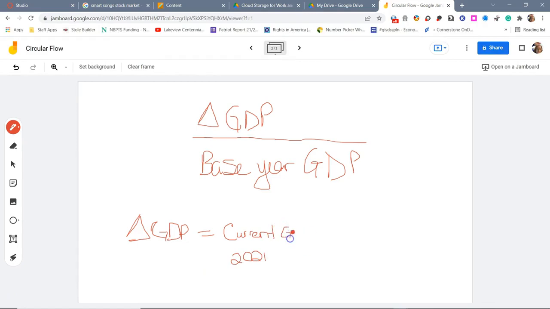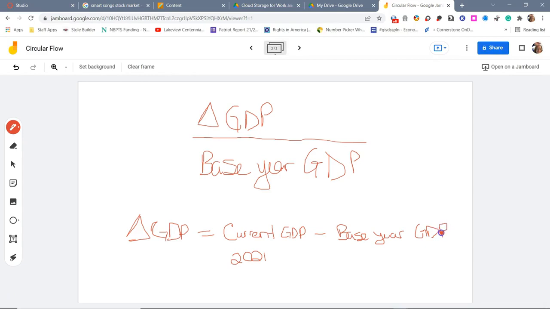And we want to compare it to a base year, our base year GDP.